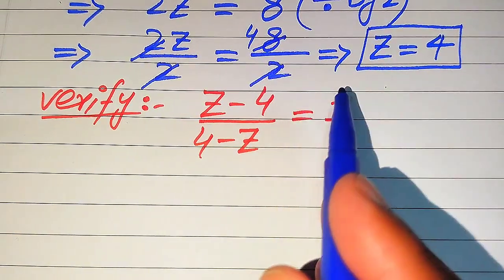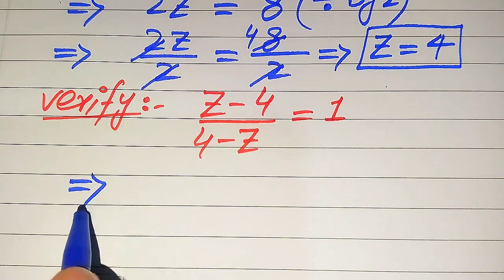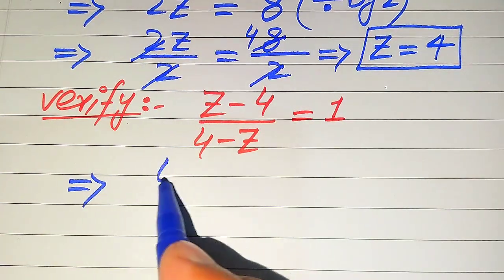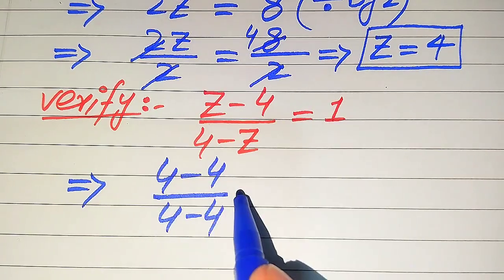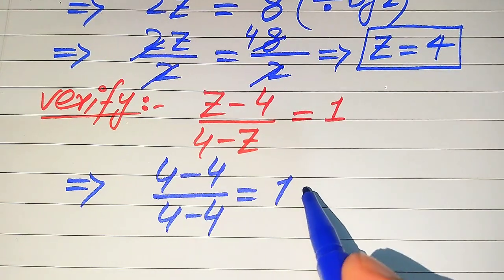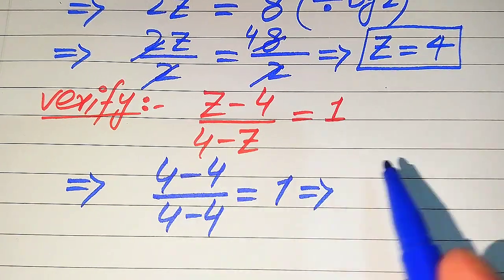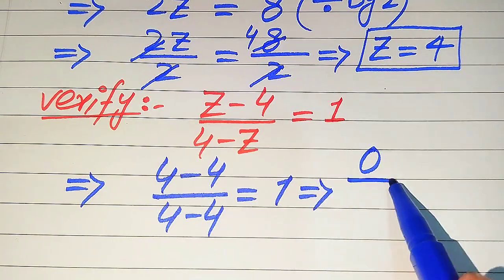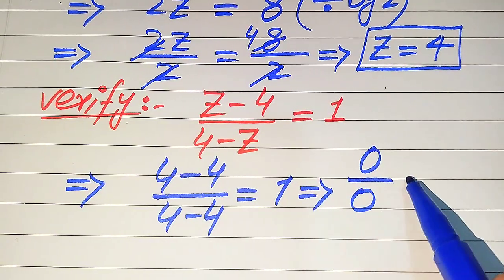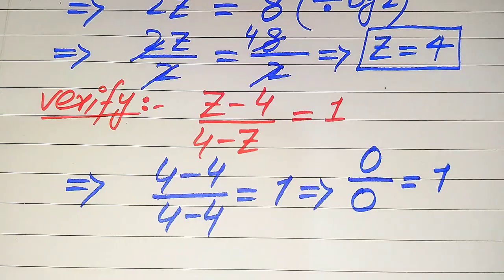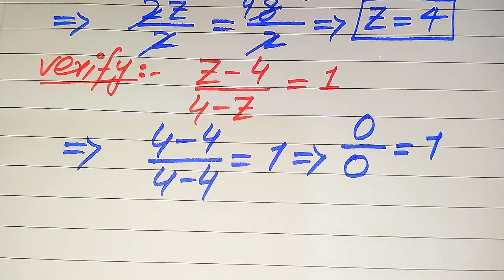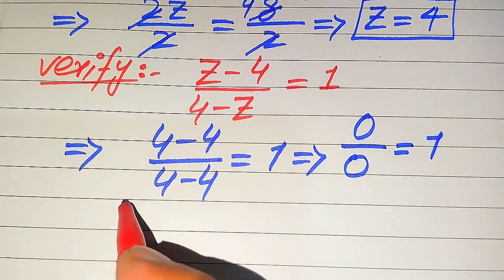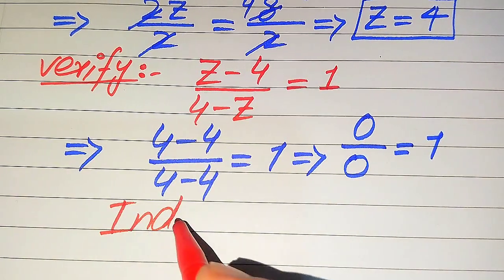Here we substitute the value of z into the left hand side, and it will be written as (4 minus 4) divided by (4 minus 4) is equal to 1. This implies that 4 minus 4 becomes 0, divided by 4 minus 4 which also becomes 0, is equal to 1. So we get the 0 by 0 form, and 0 by 0 form means that it is the indeterminate form.